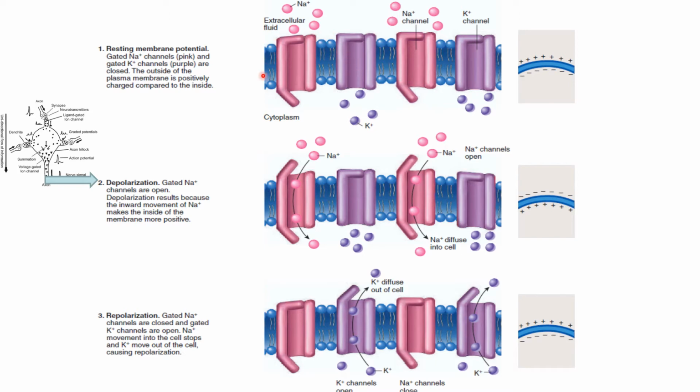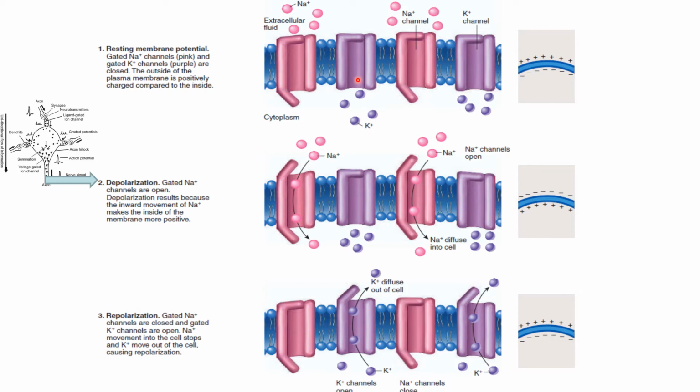So it is at resting membrane potential, and during resting membrane potential the sodium voltage channels have their activation gates closed and inactivation gates open. Potassium channels are closed. They are also potassium voltage channels.